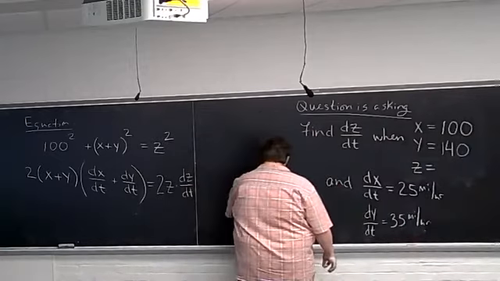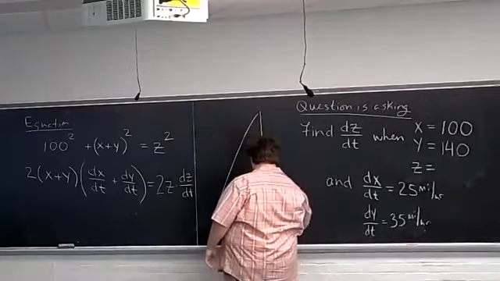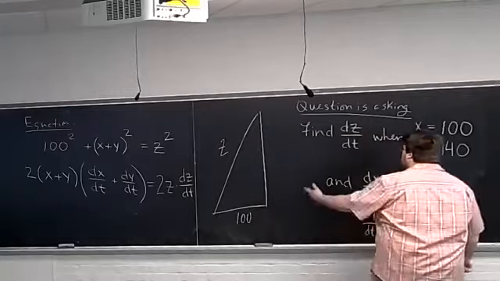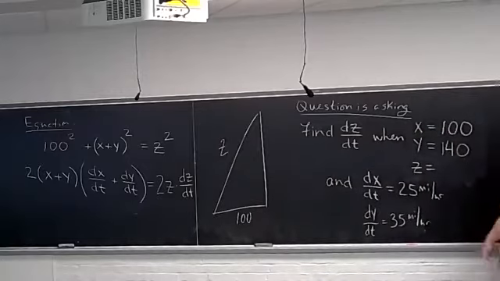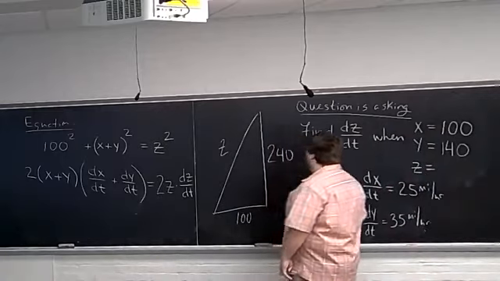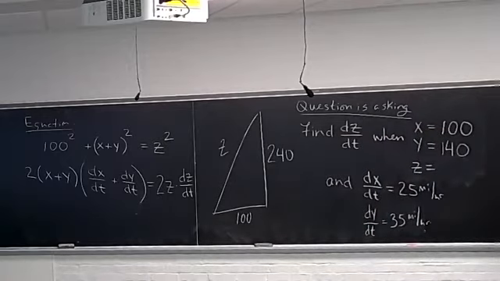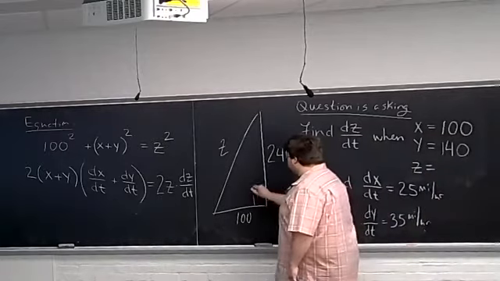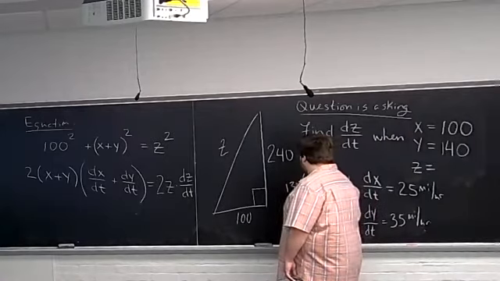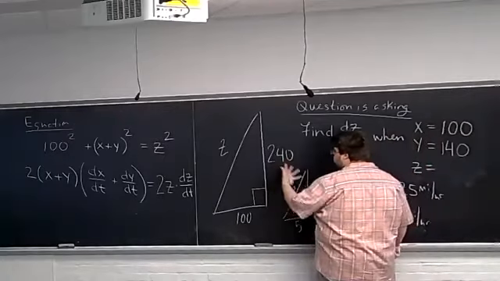You could jump to that equation over there. Triangle. This top side or tall side is x plus y. X plus y is 240. So here we have a 100, 240 as our legs. What is Z? Well, this is a scaling of a 5, 12, 13 right triangle. 5 times 20 and 12 times 20.